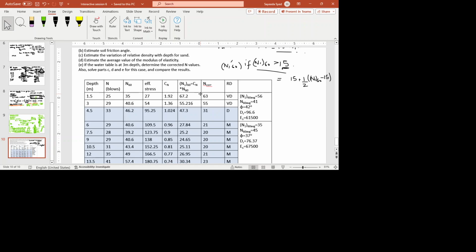These are all empirical, and usually we try to see the empirical relation given by a particular author, what their case was, what their study was, and if it is closer to our study, we use that relation.